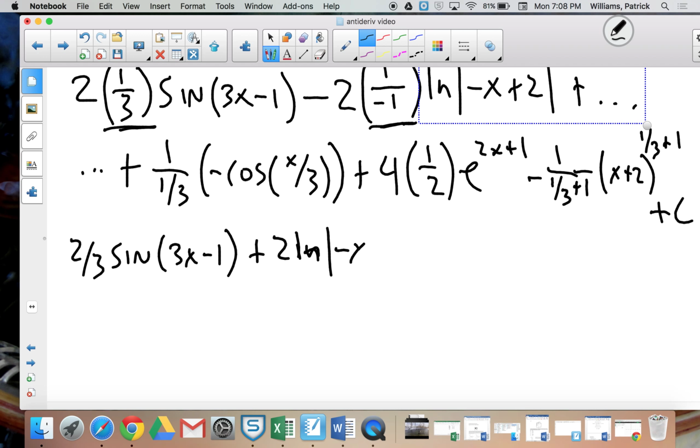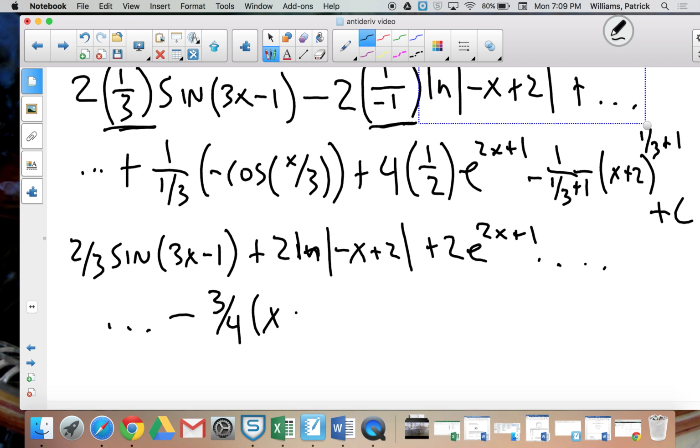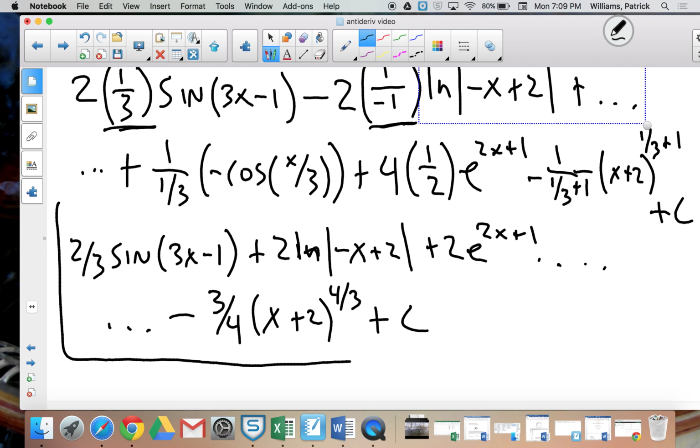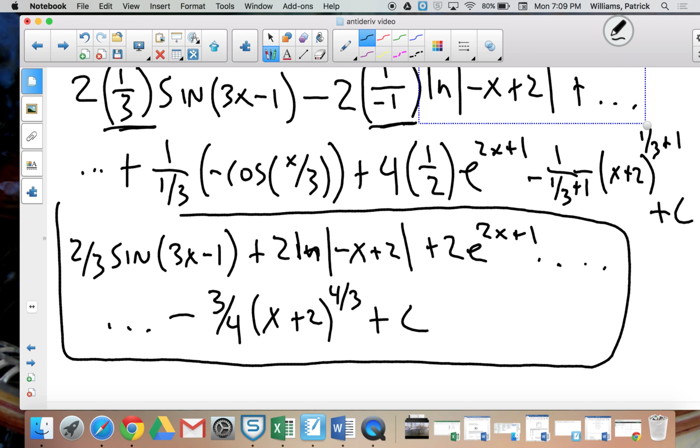The absolute value of negative x plus 2. Then we'll have plus 2e to the 2x plus 1. Then finally, minus, this will end up being 3/4 x plus 2 to the 4/3, then finally plus c. So this is our final answer of a solution to that indefinite integral.